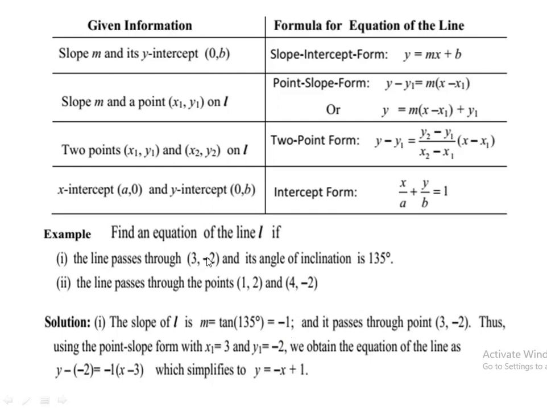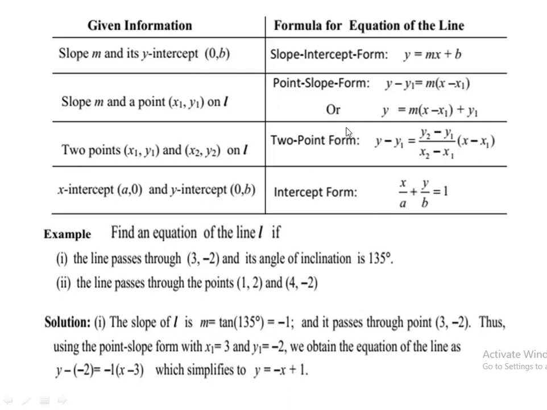But we have the point (3, -2). Therefore, we use the point-slope form of the equation of a line, because here m is minus 1 and the point (x1, y1) is (3, -2). Thus, using the point-slope form, we have x1 = 3, y1 = -2, and m = -1.